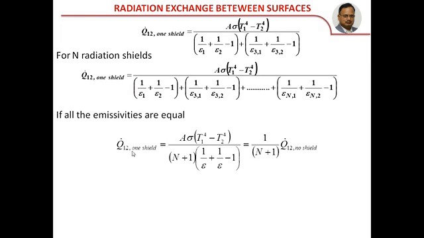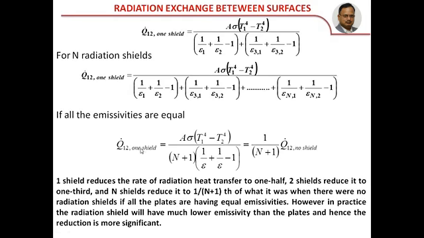So Q with n shields is equal to 1 by n plus 1 of Q with no shields. So 1 shield reduces the rate of heat transfer to 1/2, 2 shields reduce it to 1/3, and n shields reduce it to 1 by n plus 1 times.